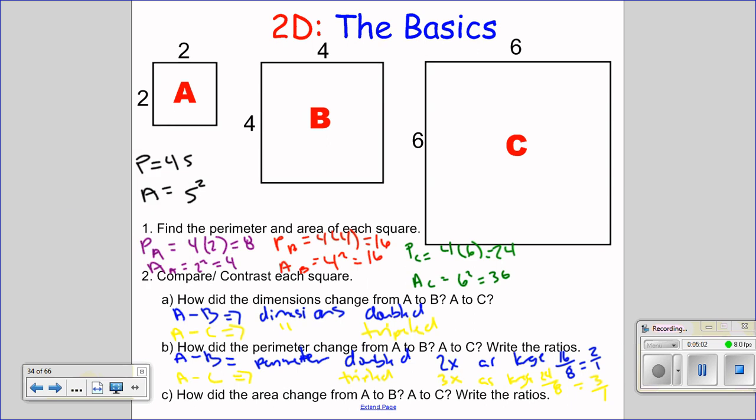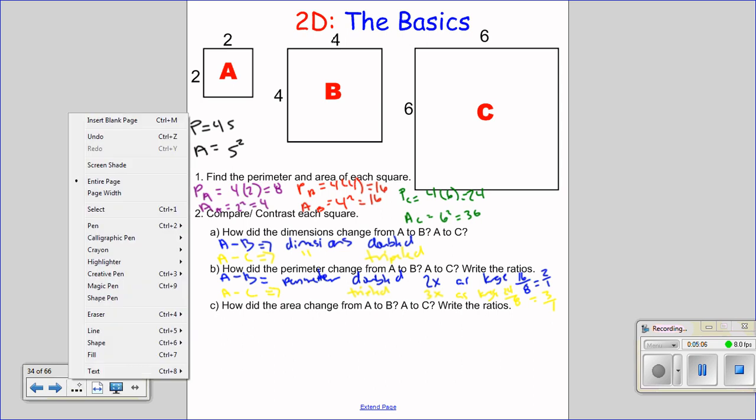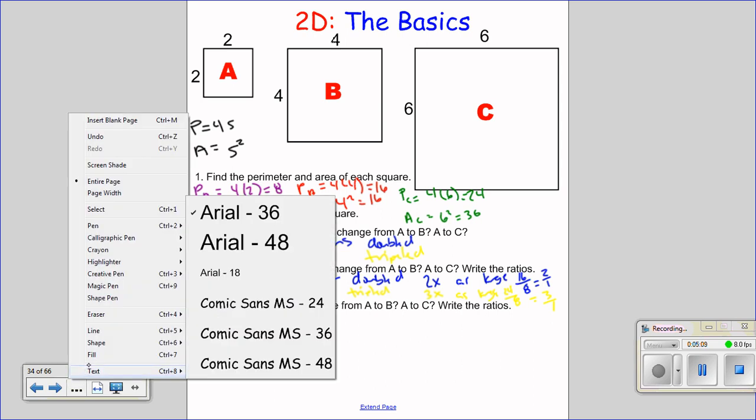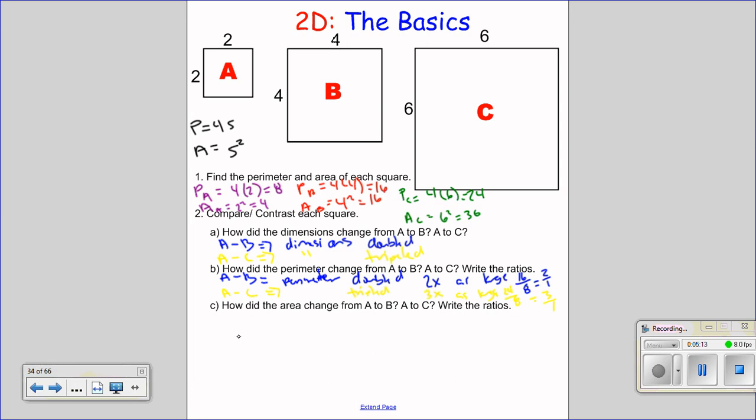Now it's asking about how does the area change. So the area of A was 4, the area of B was 16. So it was 4 times as big. So it quadrupled essentially.